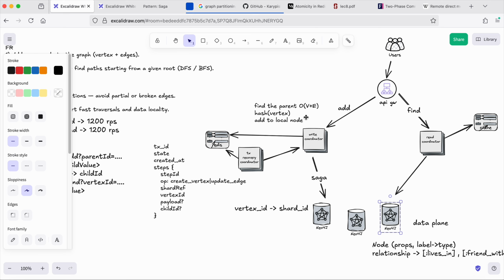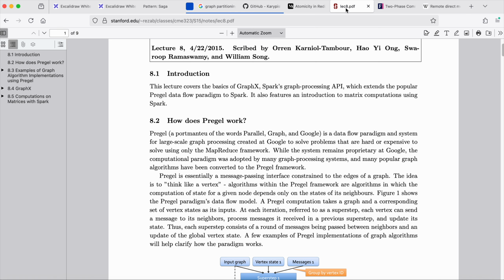It will still be O(V plus E), like our distributed graph traversal. But the thing is that we have the network between these hosts, and it will take a lot of time. There is a solution, and it is called Pregel.